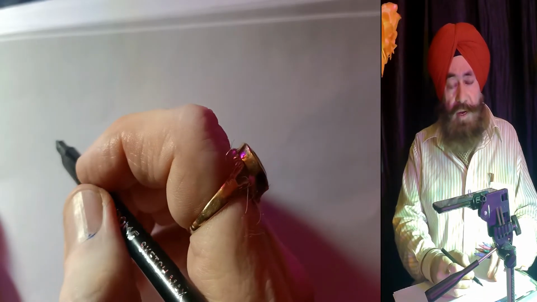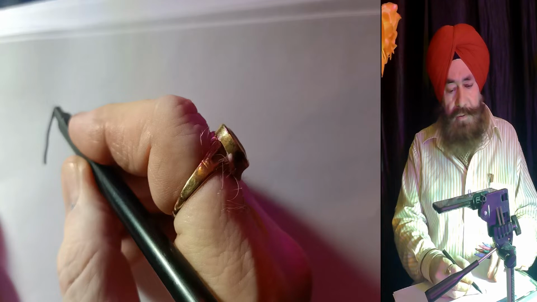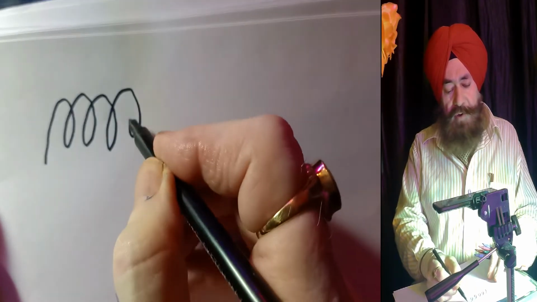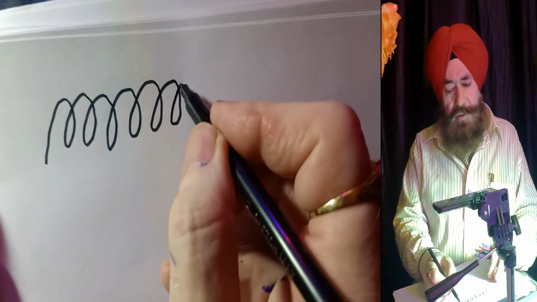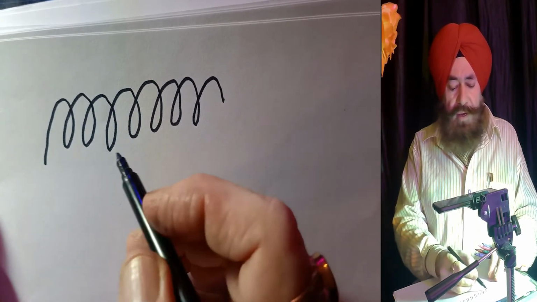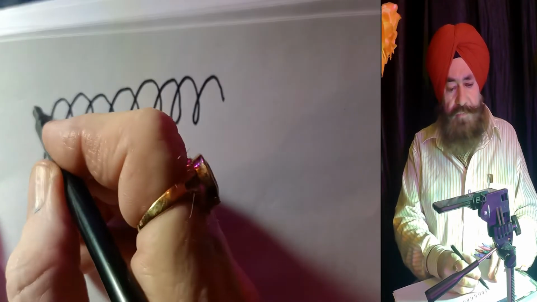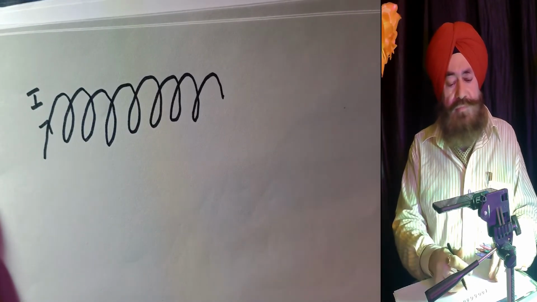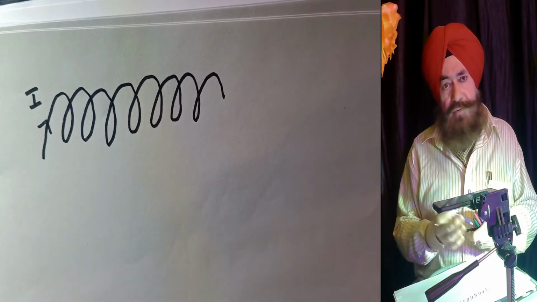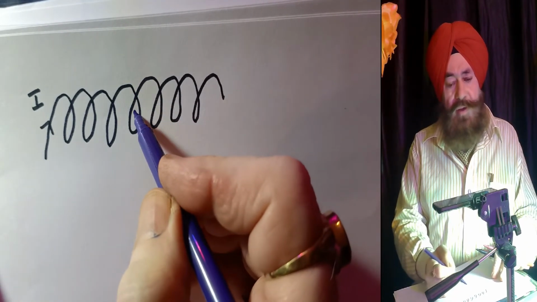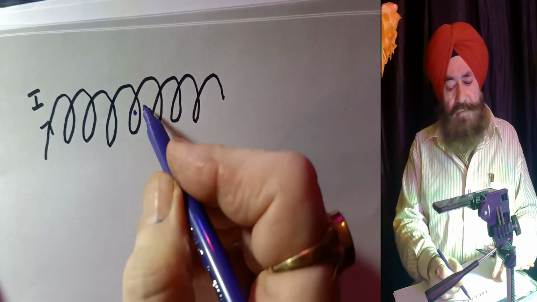I have a coil of a very large number of turns, and current is flowing through it, in this direction. I'm interested in the magnetic field at any point inside.